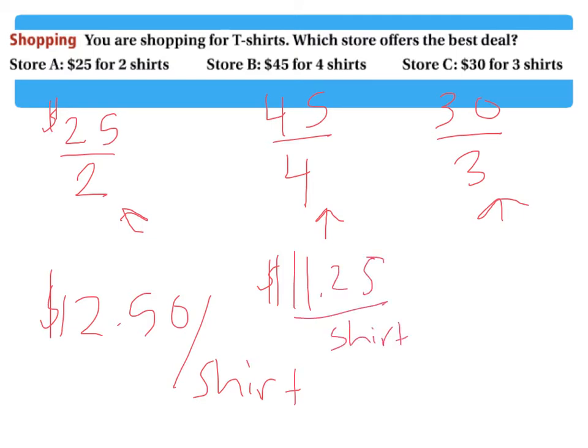And the last one would be $10 per shirt. So I would say store C is where it's at to buy the clothes for the cheapest amount.